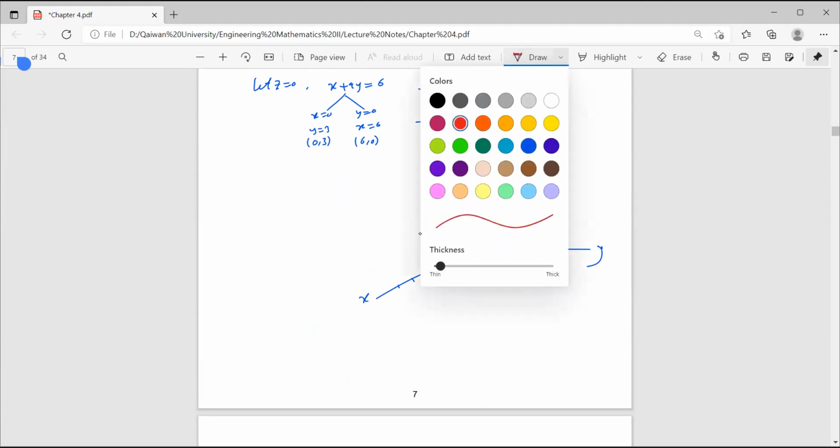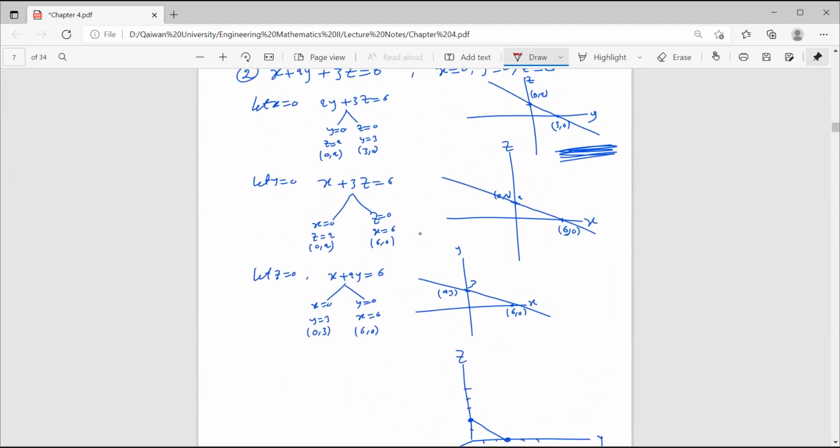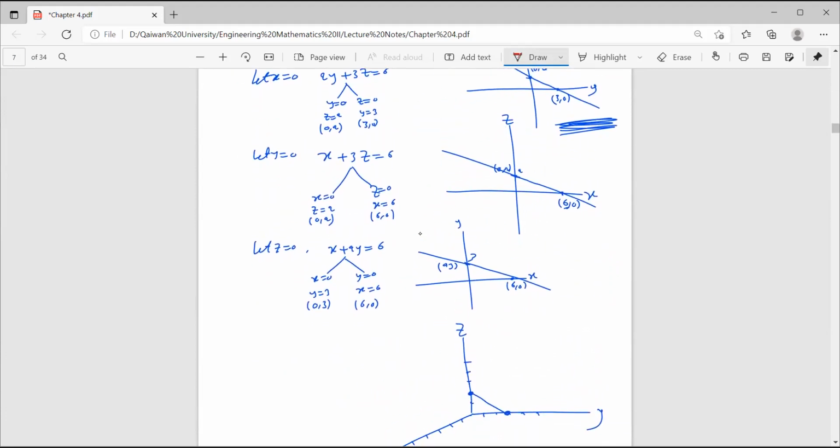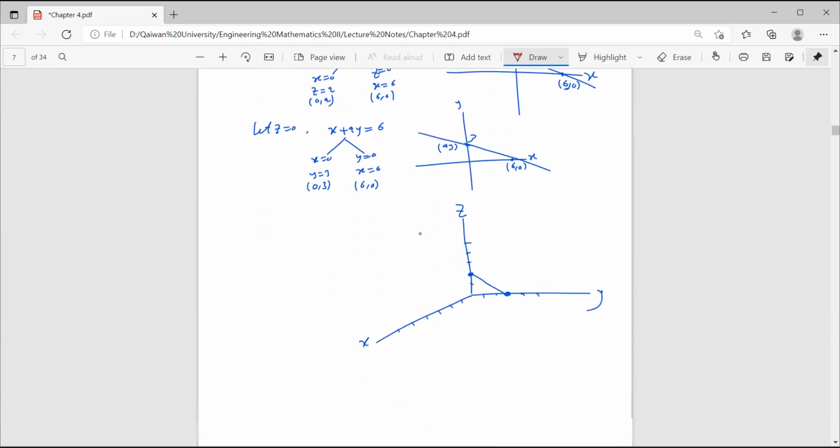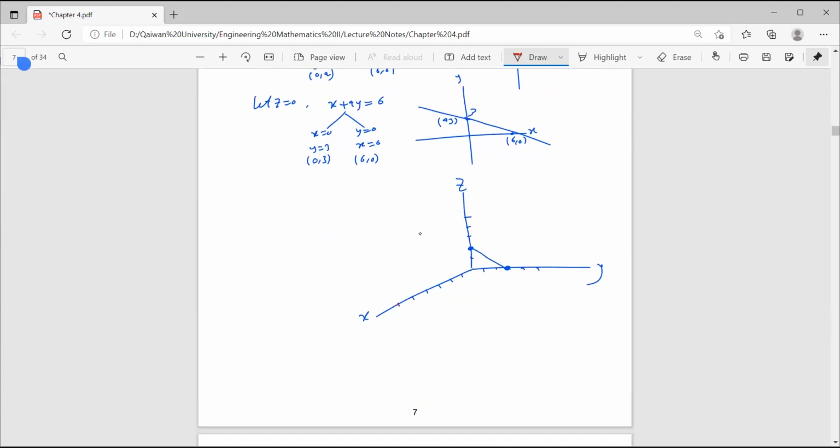And also draw the graph between X and Z. It intersects Z at 2 and X at 6. This is the graph.